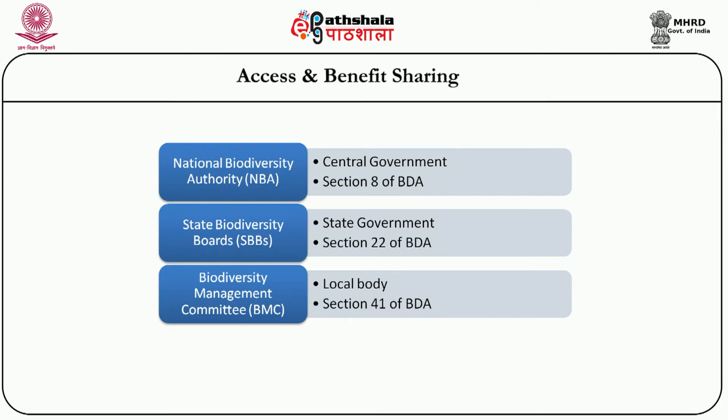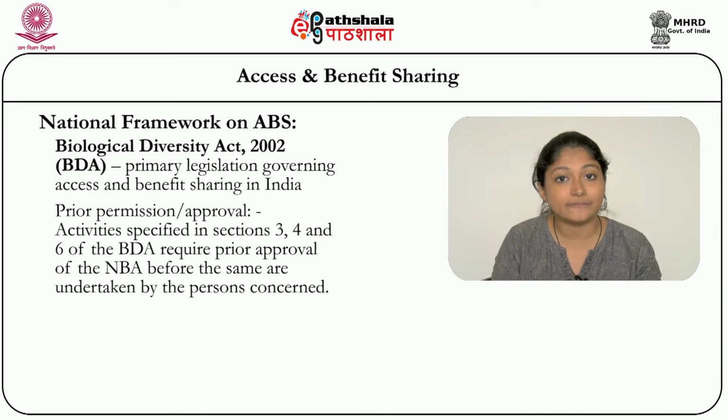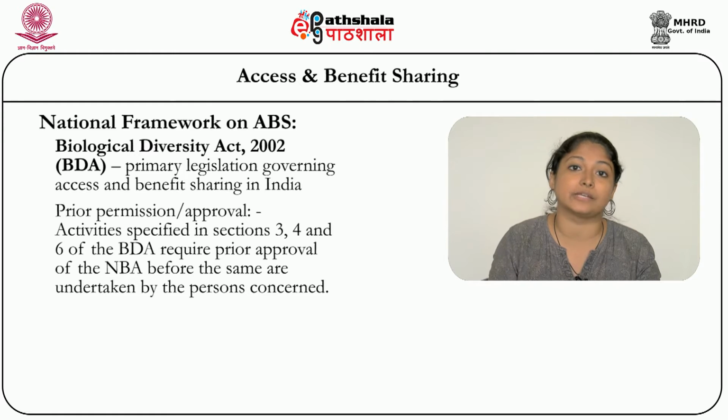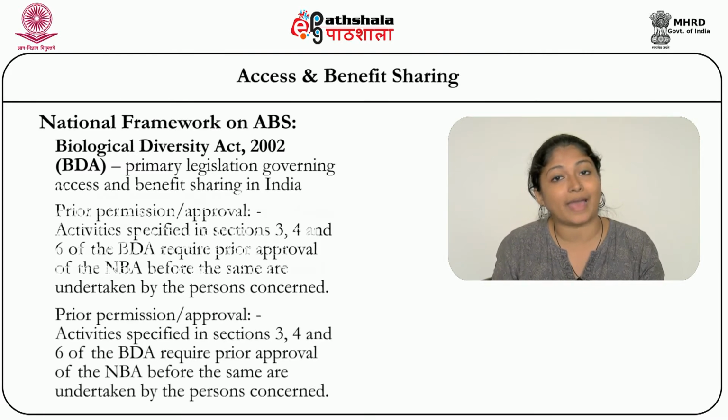So this Biological Diversity Act describes what these regulations prevailing in India are, because the Convention on Biological Diversity gives the states the liberty to decide how their access should be and what the various means of benefit sharing would be.